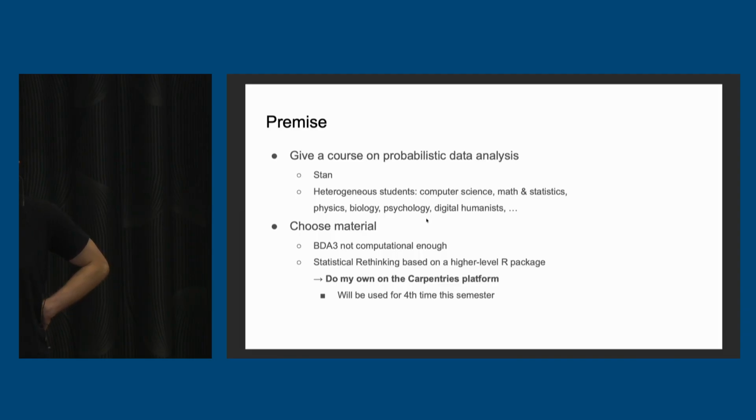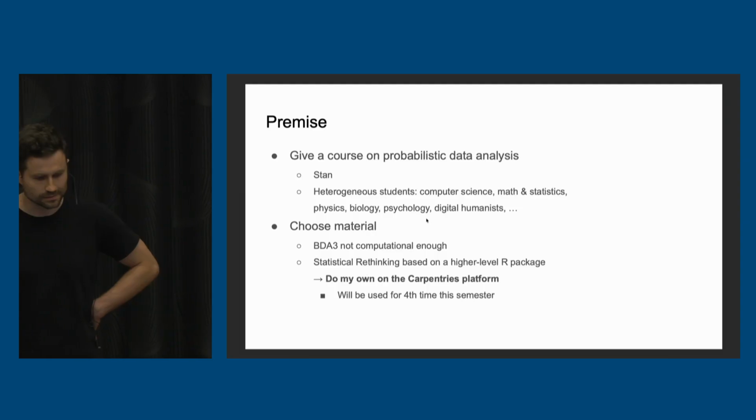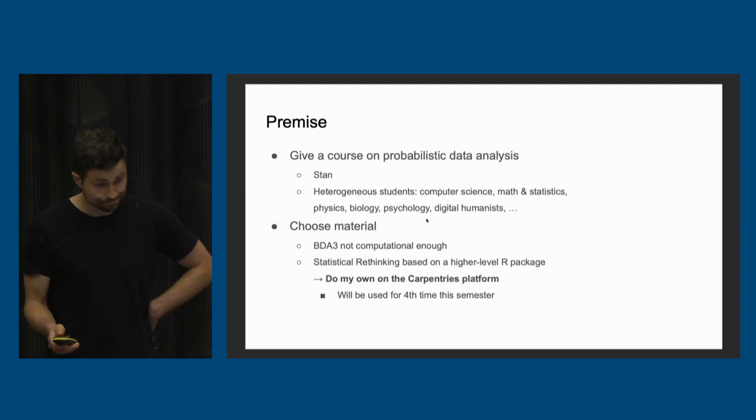So my supervisor then suggested that we do our own material on the Carpentries platform. He's a certified Carpentries instructor, and that's why he suggested it. And there was no Stan program on the Carpentries platform available at the time.